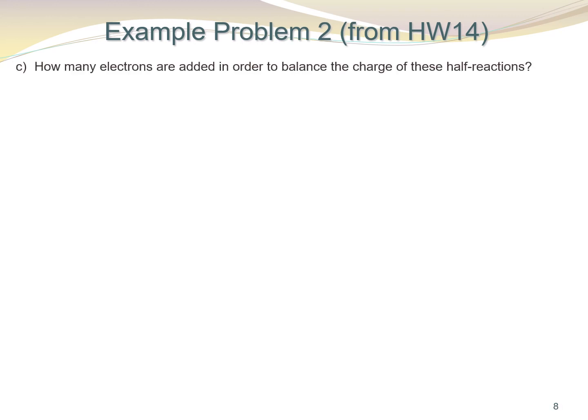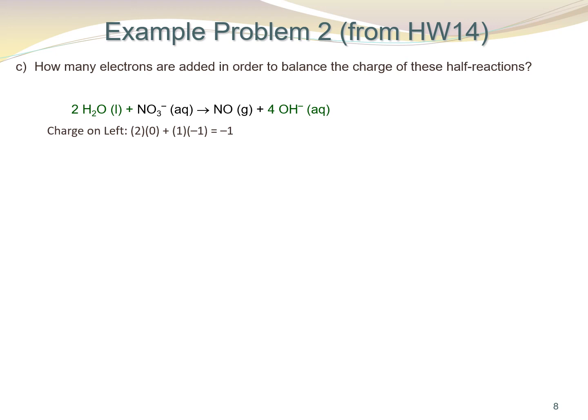Our next step here is you already realize that we're going to add electrons on either of these half reactions. Again, let's calculate the charges on either side of this half reaction. Water molecule is 0 charged. So 2 times 0 plus 1 times -1.